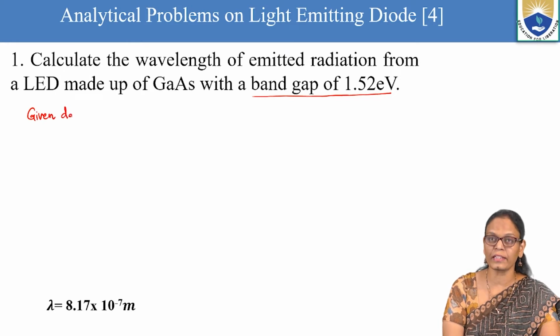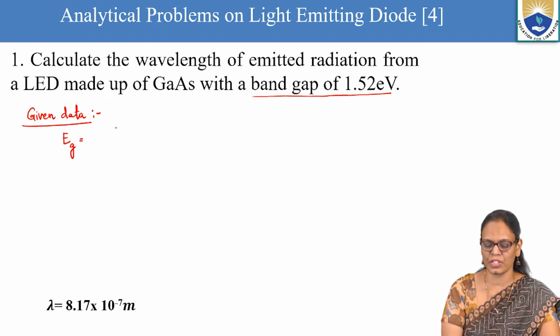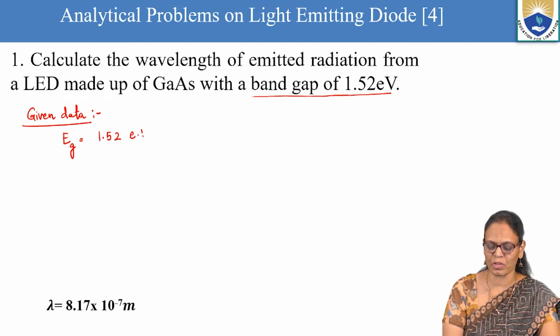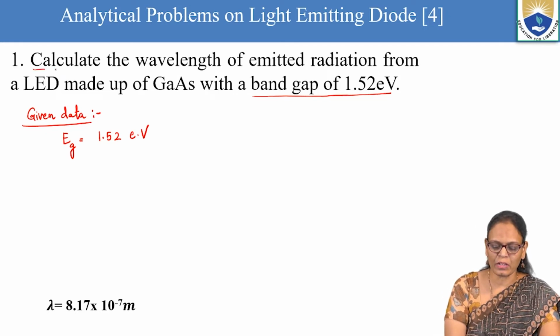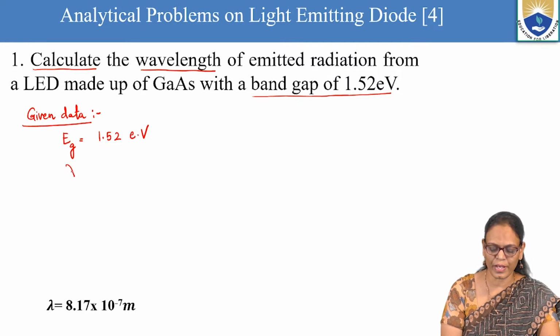We are given the band gap, so I'll write the band gap as Eg is equal to 1.52 electron volt. And what we have to calculate is the wavelength, lambda, equal to how much?